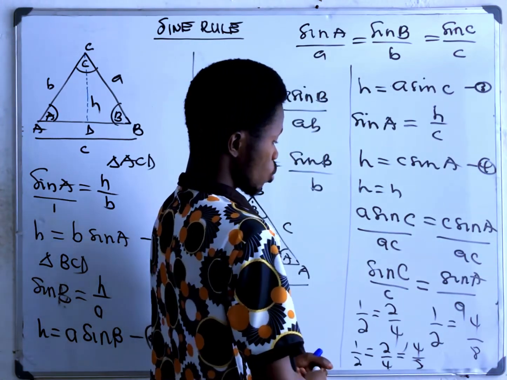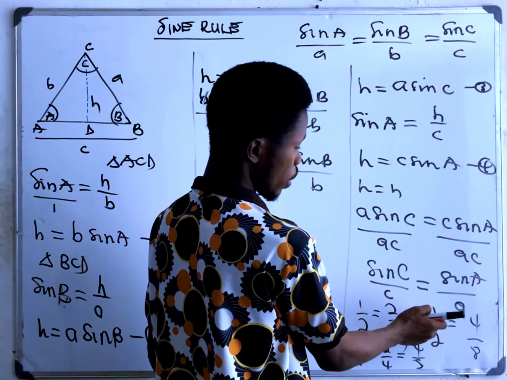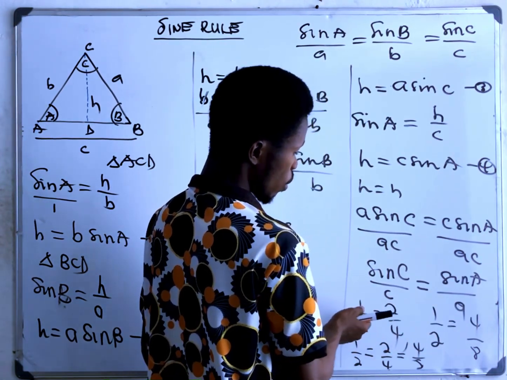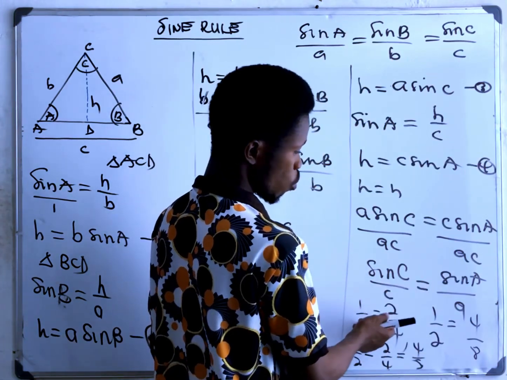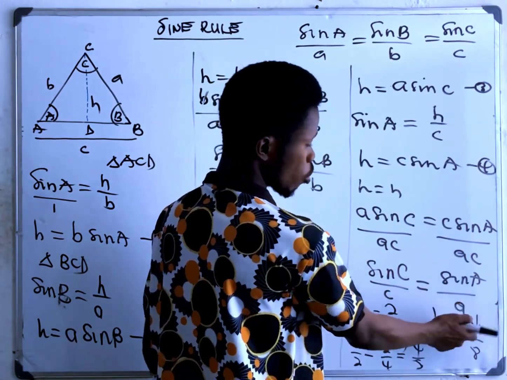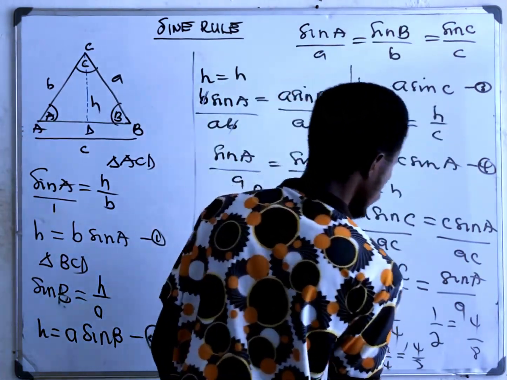Yes. Though this and this is equal, which is separate from this and that, since 1 over 2 equals 2 over 4 and 1 over 2 equals 4 over 8, it means that 1 over 2 equals 2 over 4 and 2 over 4 is also equal to 4 over 8. That's the meaning. So this is what we are going to do.